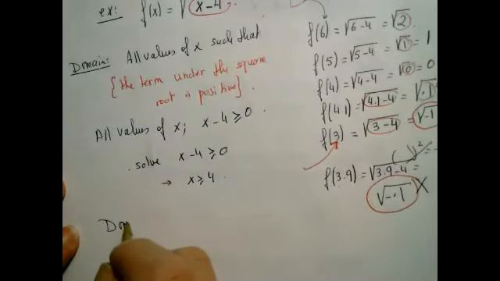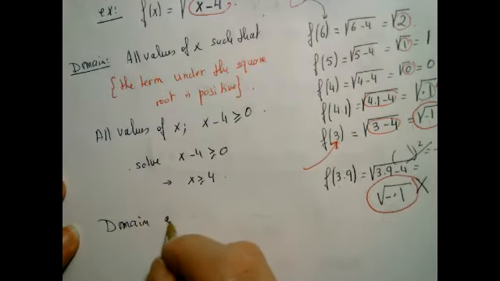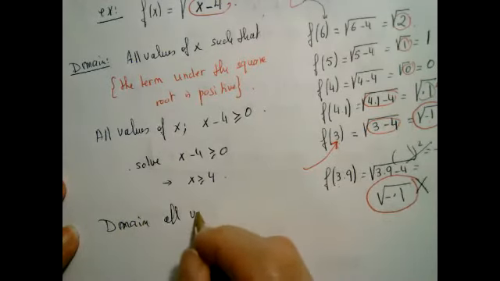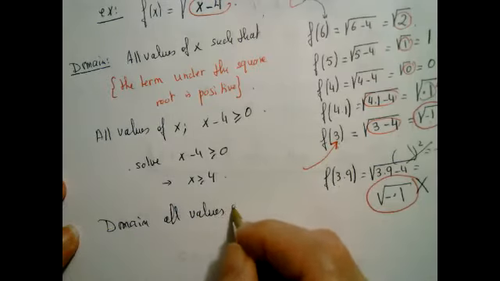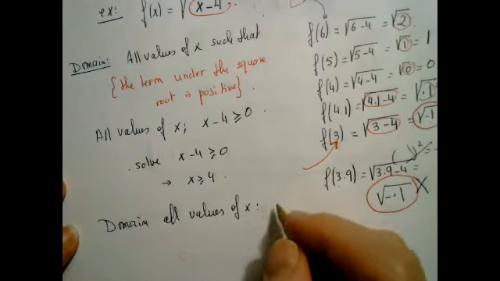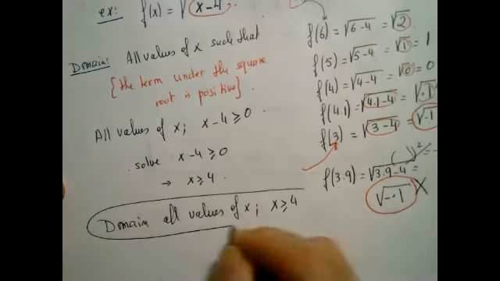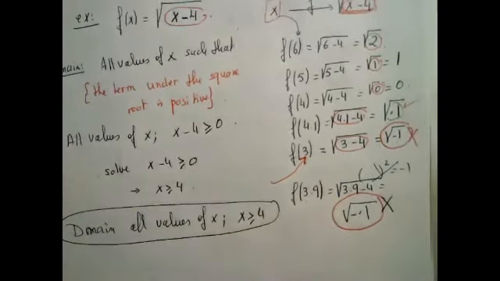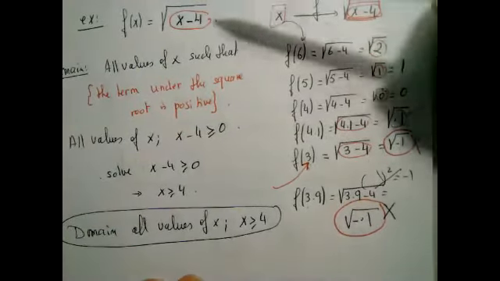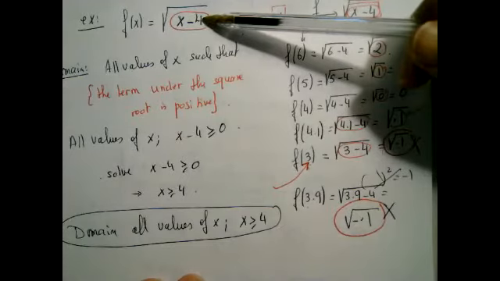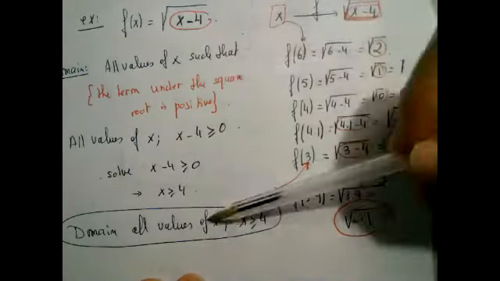The domain is all values of x such that x is larger or equal to 4. And that's really my domain. If it's not just x minus 4 and it's a little bit more complicated, then you have to do the work.